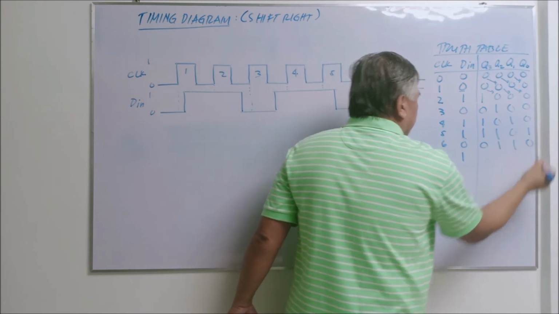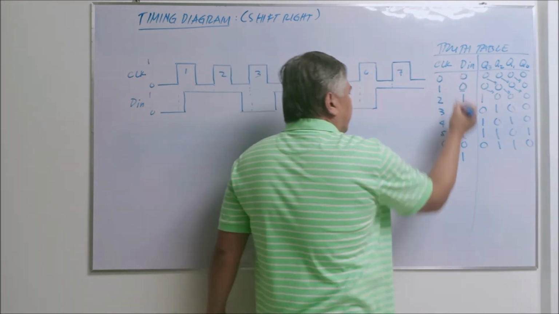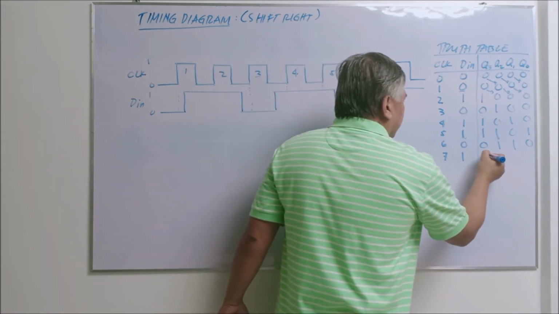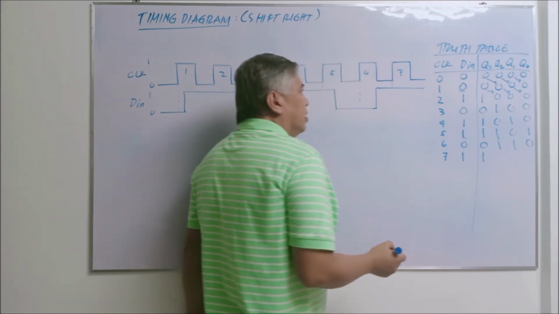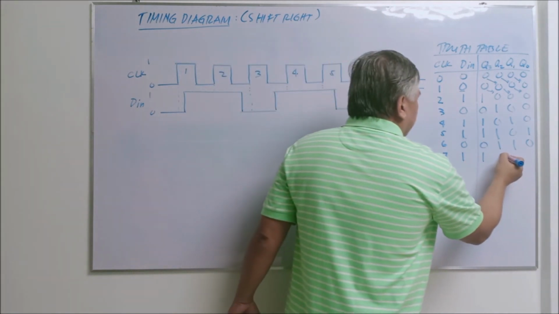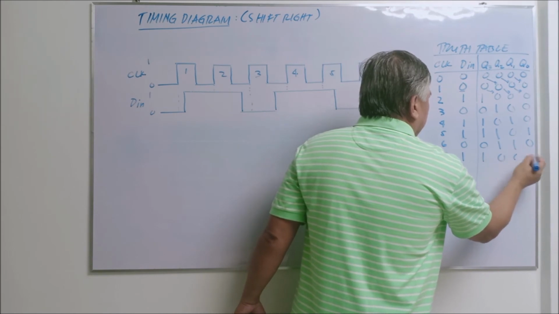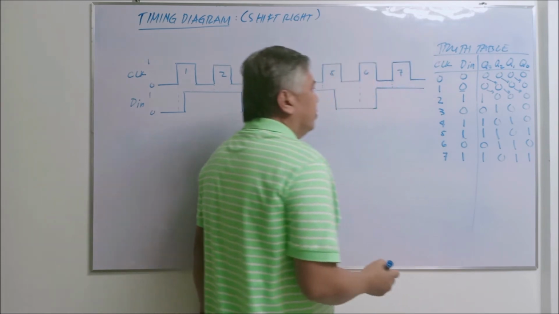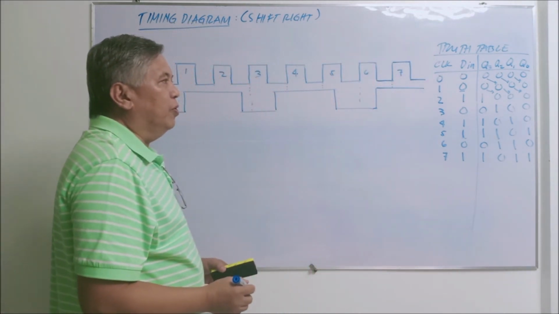And this one moves to the right. And then, the last one, 7th positive trigger of the clock. Your output is 1, which is directly stored in your Q sub 3. And this one will move to the right. This one to the right. And this one to the right. Okay? So that will be your output.